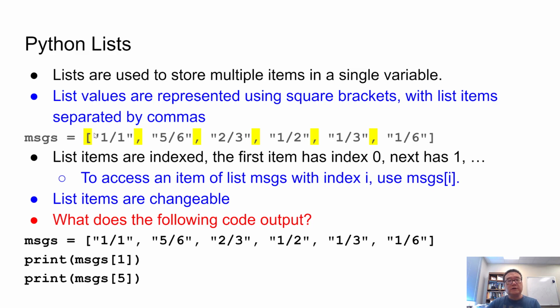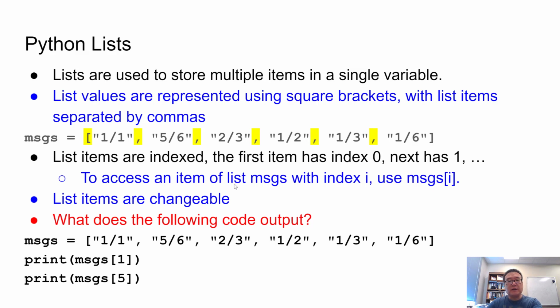A list value is represented by a pair of square brackets with the items separated using commas. And the list items are indexed. The first item has the index 0, next has 1, 2, and so on. So this list has 6 items, and their indices are 0, 1, 2, 3, 4, 5.